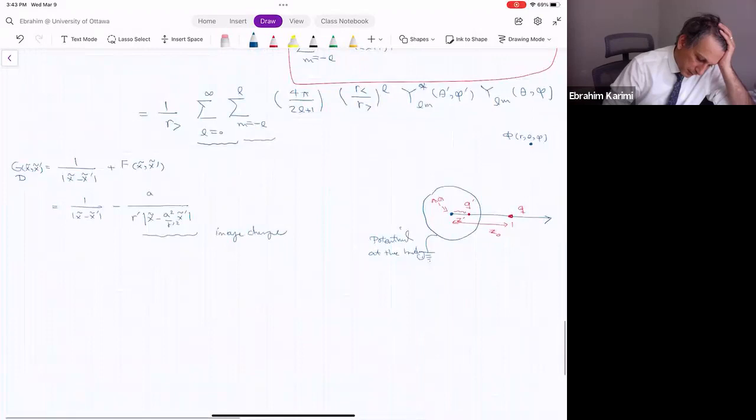We already did the expansions for the first part, which is 1 divided by |x minus x prime|.